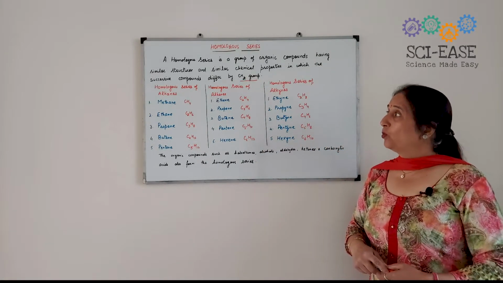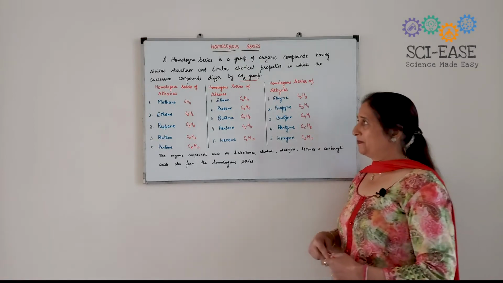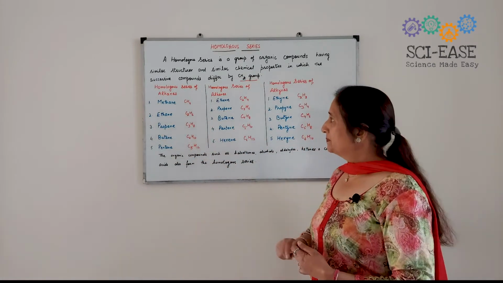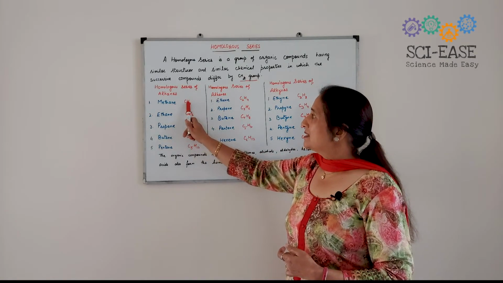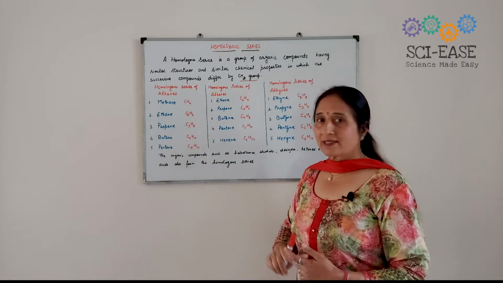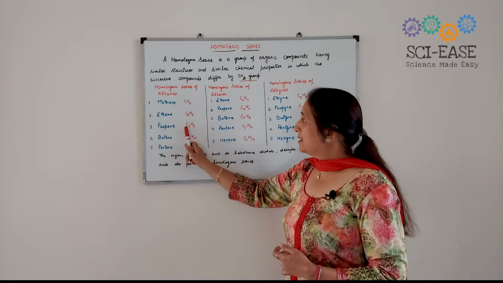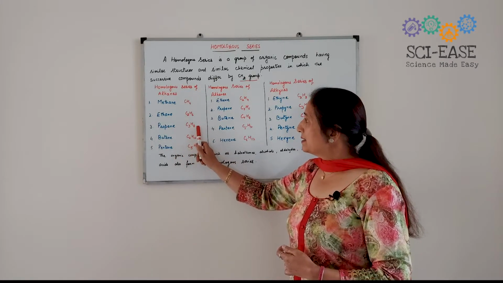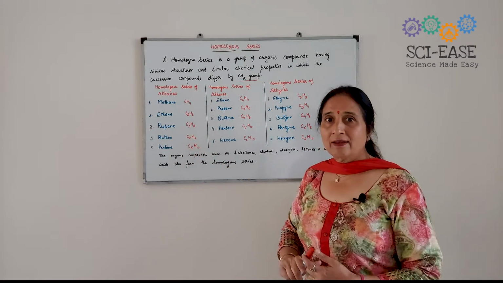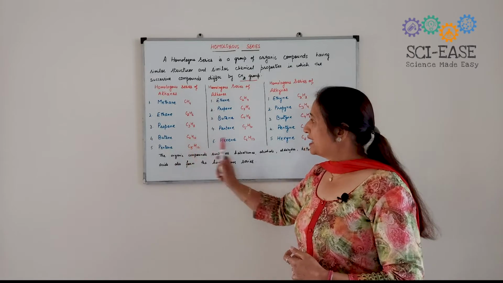First, we will take the homologous series of alkanes. Up to pentane, I will take methane CH4, ethane C2H6, propane C3H8, butane C4H10, pentane C5H12.